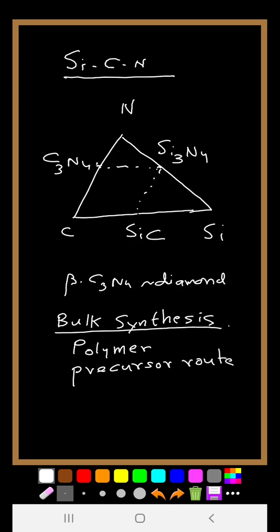The main advantage of using a polymer pre-ceramic material is the possibility of obtaining various shapes, and it is mainly derived from a polymer called polysilazane.